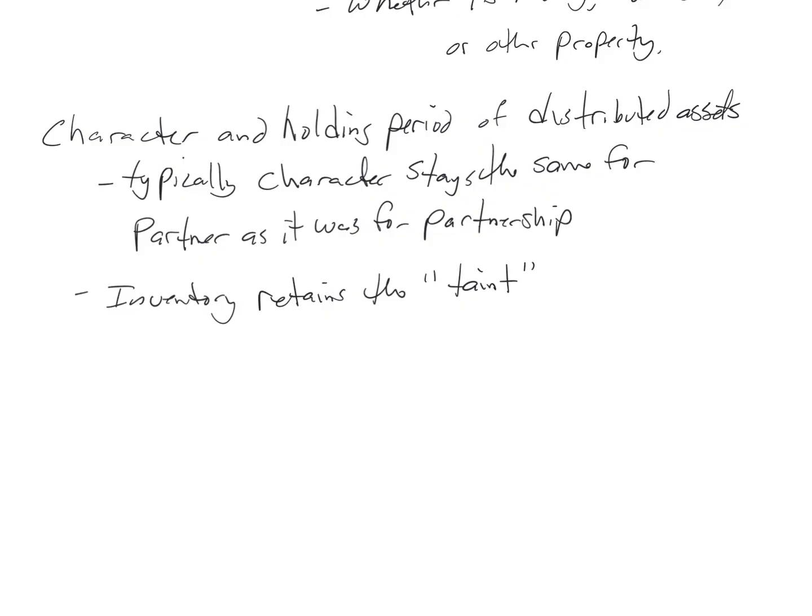Inventory retains the taint of ordinary income for 5 years. So if the partnership distributes inventory to the partner, the sale of that inventory would generate ordinary income for 5 years after the distribution.